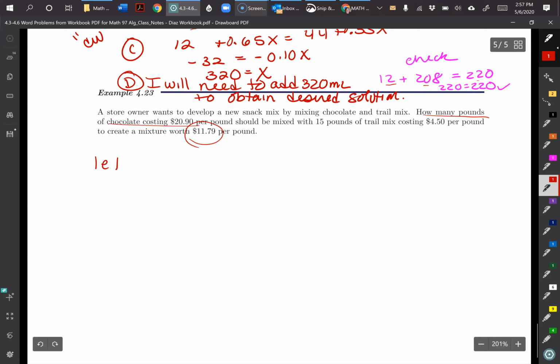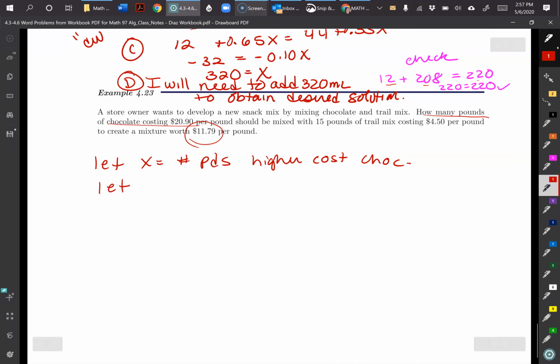So we're going to let X equal number of pounds, the pricier one, higher cost, okay? Chocolate. And then we're going to mix that with the 15 pounds of trail mix. Know that we have 15 pounds trail mix, the cheaper.